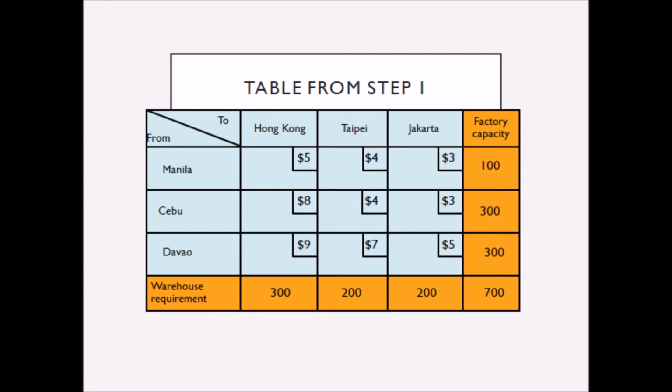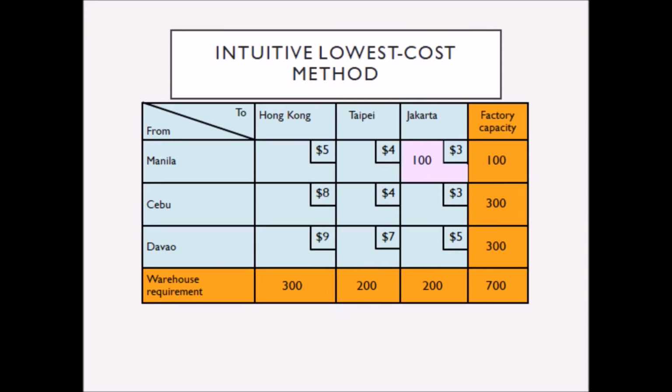So the rule here is to put it in the topmost portion, which is the Manila to Jakarta segment. Looking at Manila's supply, which is 100, while Jakarta's demand is 200, we have to exhaust all of Manila's supply to Jakarta. So Jakarta now has 100 units of its demand met, and it only requires 100 units left.